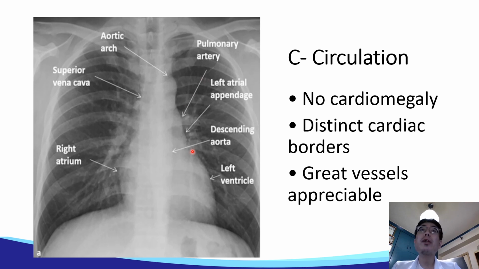Immediately noticeable is the position of the heart, where it is around two-thirds more towards the left and one-third towards the right, which is expected. Off the bat, we also note that the heart is not enlarged, the heart borders are clearly visible, and the great vessels are also appreciable.